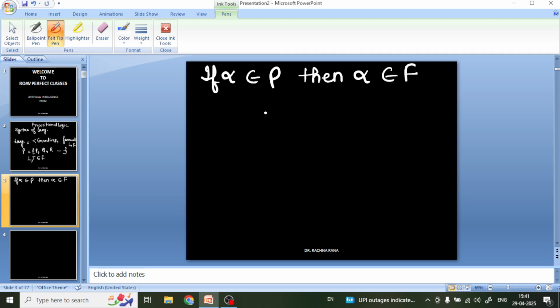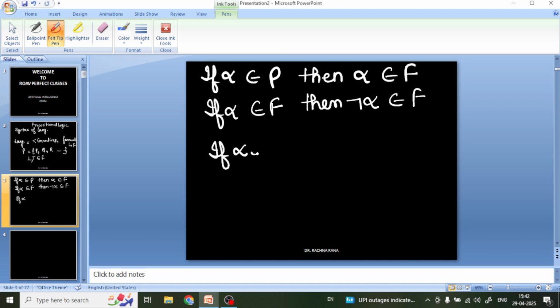If anything belongs to the set of atomic formulas, then this thing belongs to the set of formulas. So in other words, all atomic formulas are formulas and all atomic symbols are formulas. If alpha belongs to the set of formulas, then not alpha belongs to the set of formulas.